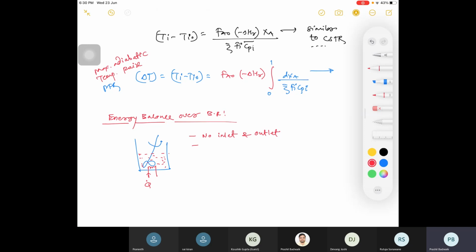Whenever I say batch reactor, what is the first thing that strikes your mind? Unsteady state. Okay. Then accumulation. Next, seasonal production, limited production, and it is used for reactions with high residence time.